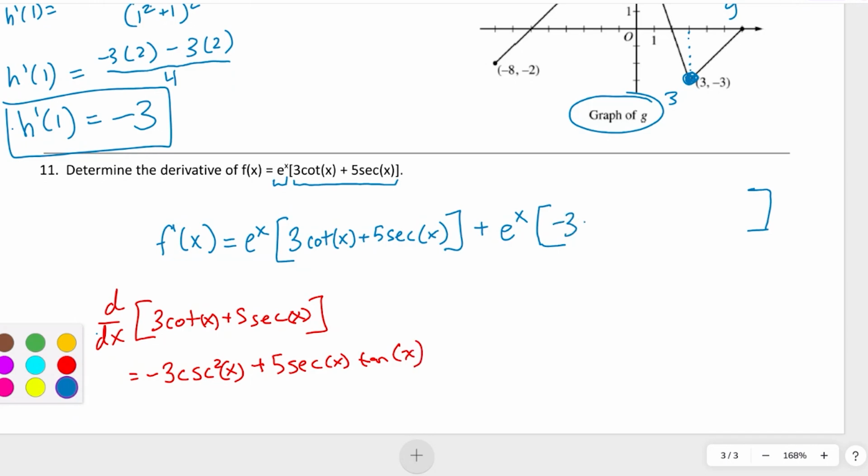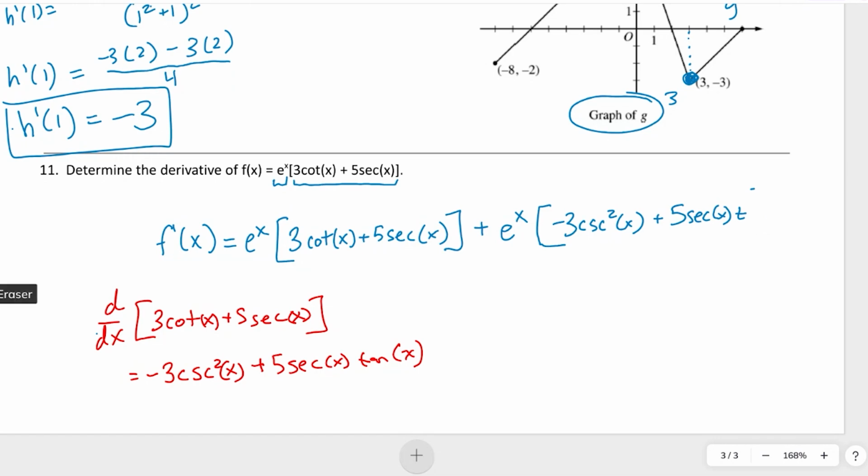So negative 3 cosecant squared x plus 5 secant x times tangent of x. And I'm just going to bring out that little derivative symbol a little more so you can see it closer, and that's going to be our answer.